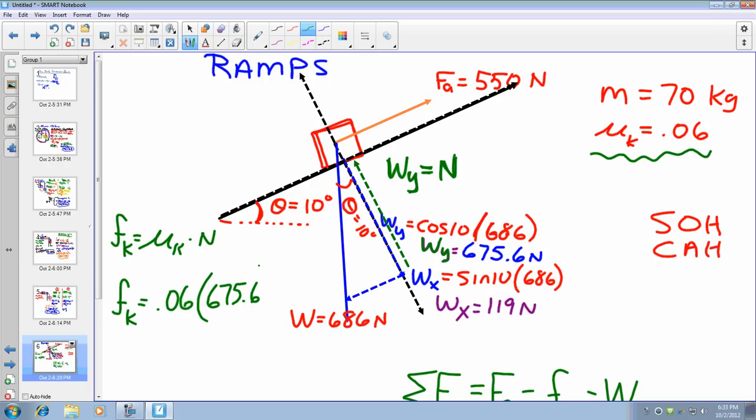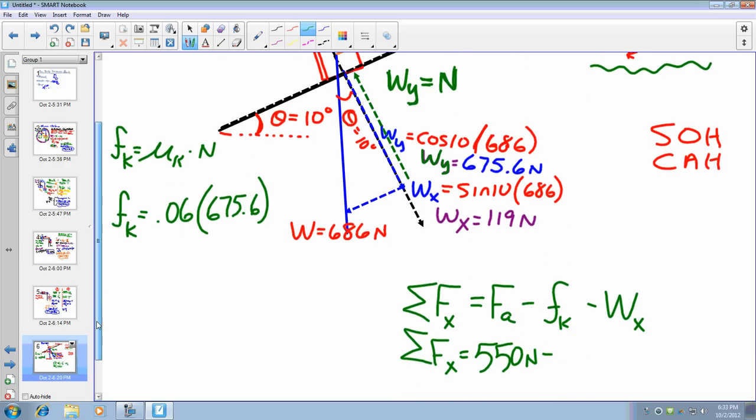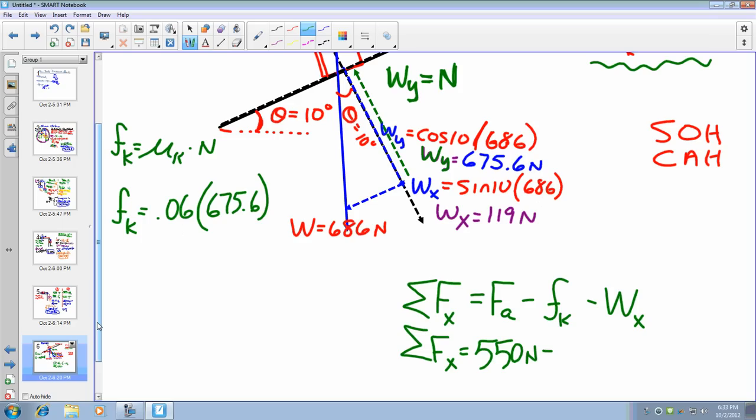All right, we'll multiply those quick, and I'm just going to do this in real time. I hope you guys are doing this in real time too. All right, I'm getting the F of K value equal to 40.5 newtons.